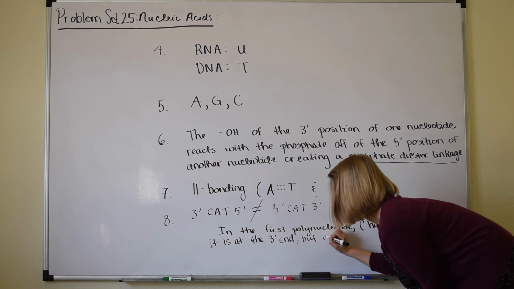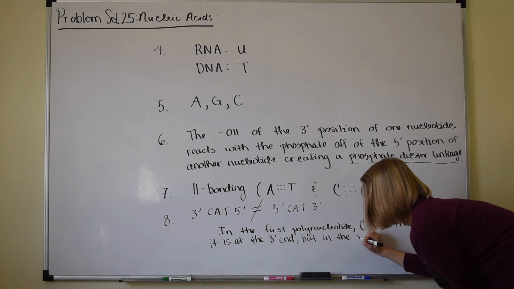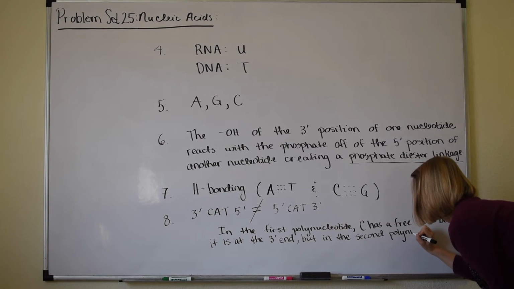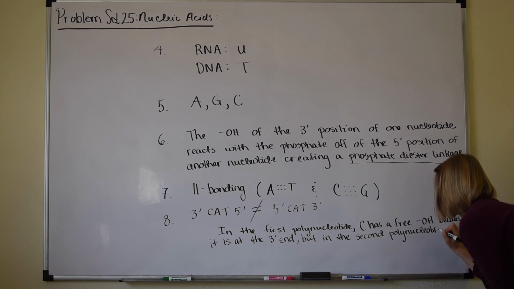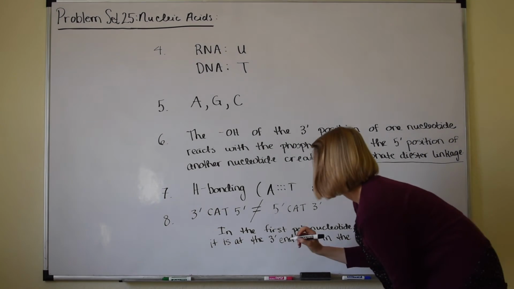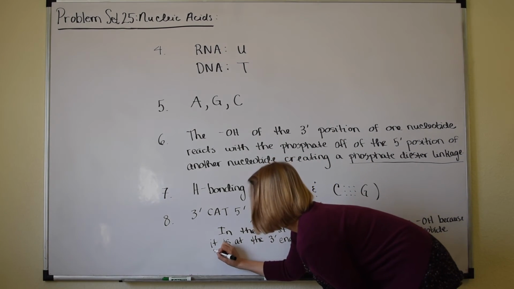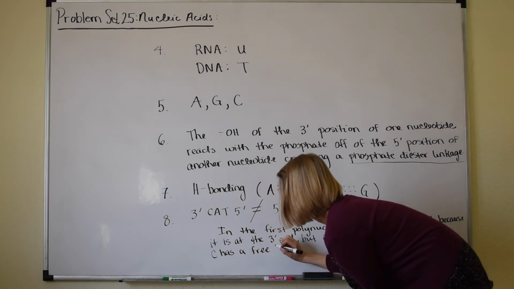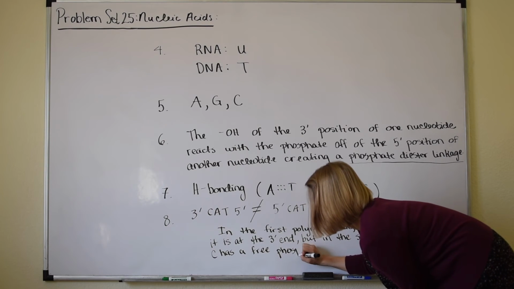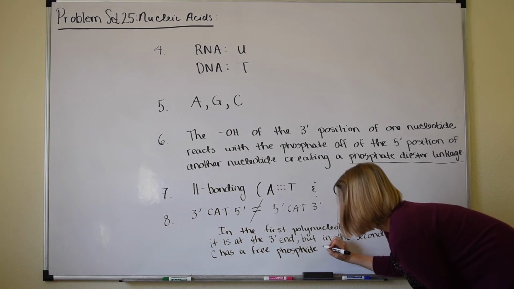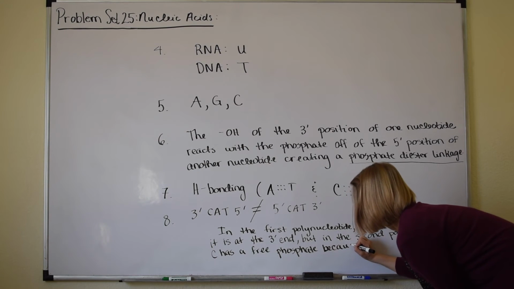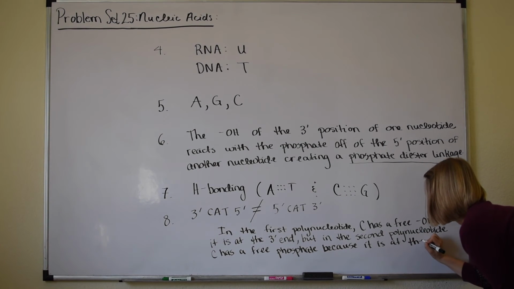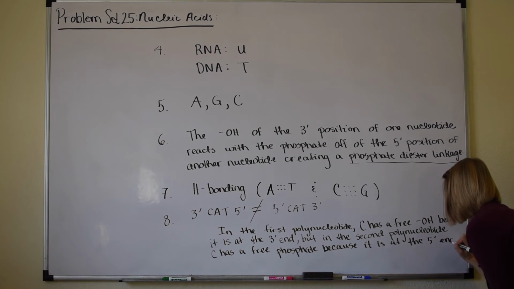But in the second polynucleotide, C has a free phosphate because it is at the 5' end.